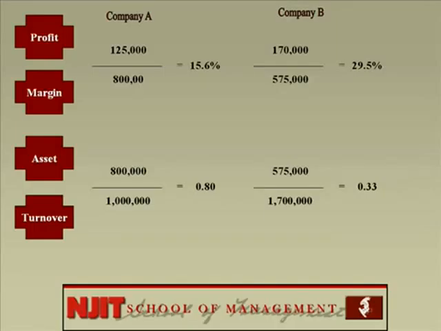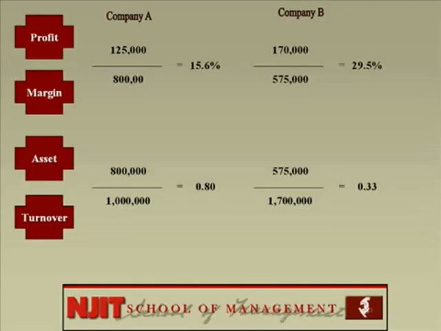Company B has a profit margin of 29.5%. What does that mean? This means that for every dollar of sales, they get to keep almost 30 cents. The reason is they're doing a better job controlling costs.